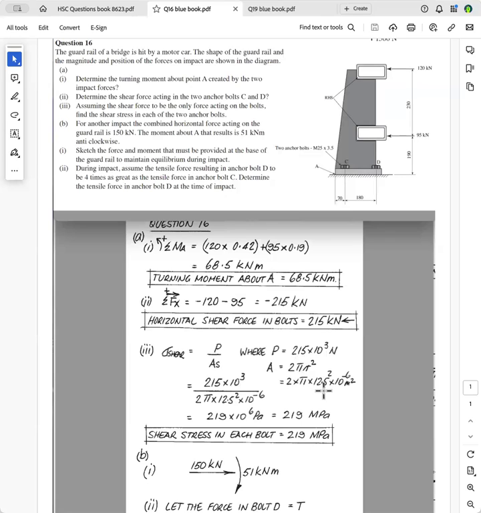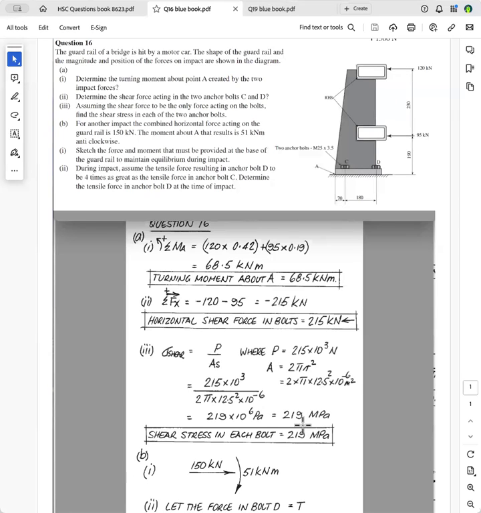And I normally work that out, but I haven't here. But I think it's a good idea to work it out so that you don't have to transfer 1, 2, 3 things. You just transfer one thing. And I don't normally put 10 to the minus 6 there because I want my answer in megapascals. And so the shear stress in each bolt will be 219 megapascals.